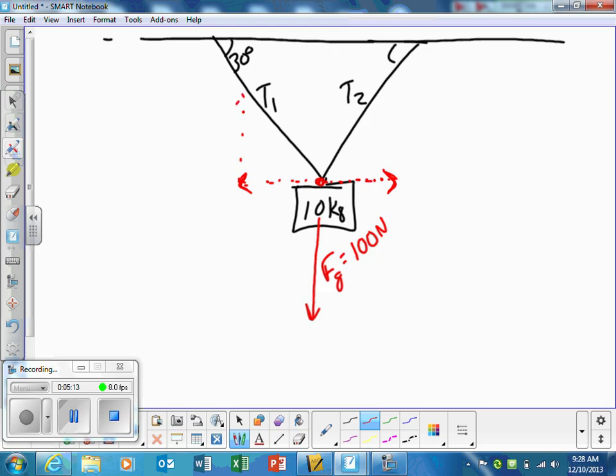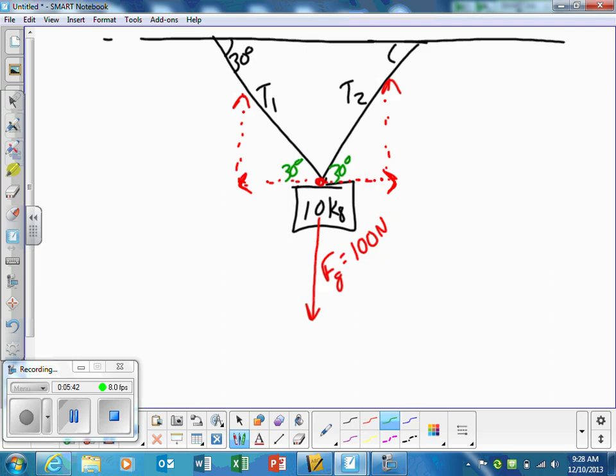Okay, then we have the y parts. How can we define these y parts mathematically? Well, first of all, you have to realize that this is 30 degrees here too, right? Because there's some geometry rule or postulate that says alternate interior angles are equal. Do you agree? Okay.